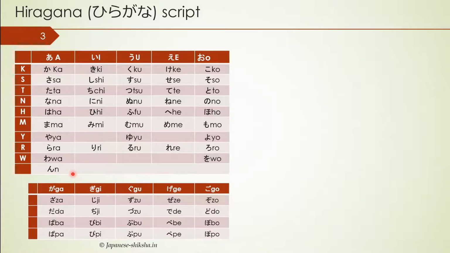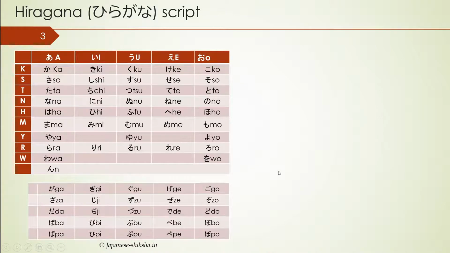Moving on. Now these are again with a little bit of variation from the previous ka and these kind of characters, and these are also valid characters. So ka becomes ga: ga, gi, gu, ge, go.